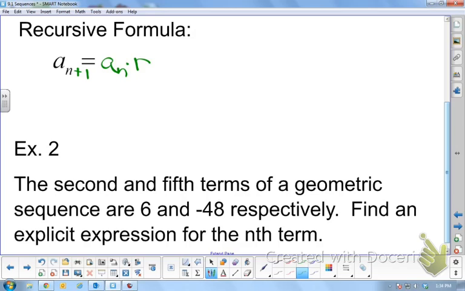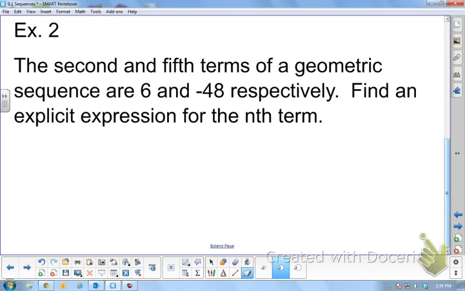So they want us to find a formula, but they didn't give us all the terms in order. We know the 2nd term and we know the 5th term. And we know it's a geometric sequence. So what are some things we know about geometric sequences?